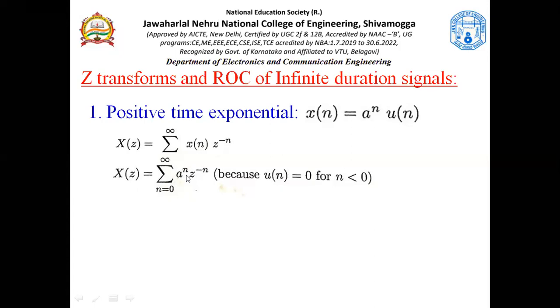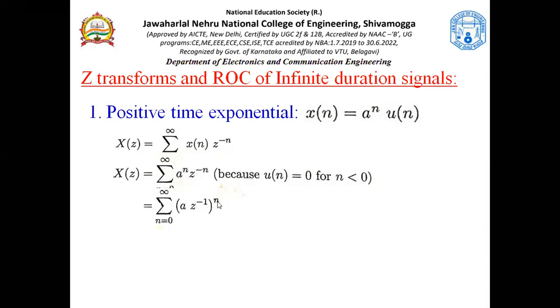Since u of n is 1 for 0 to infinity, we do this. Then see here, how does this look? If you take this n out, a z inverse would be within the bracket and this n would come on. And always you should express in terms of something to the power n. The power should be n, it should not be minus n.